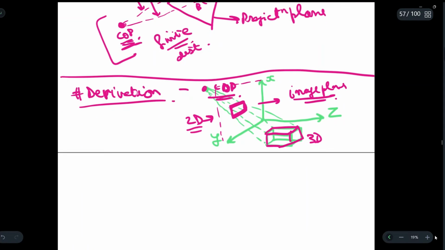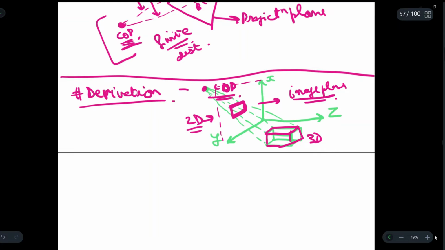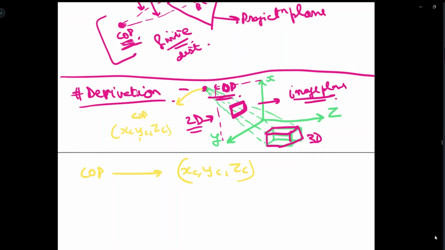Now let us consider that the coordinates of the COP are xc, yc and zc. Let us write it here. Secondly, the point on the object, the object point, is given as x1, y1 and z1.